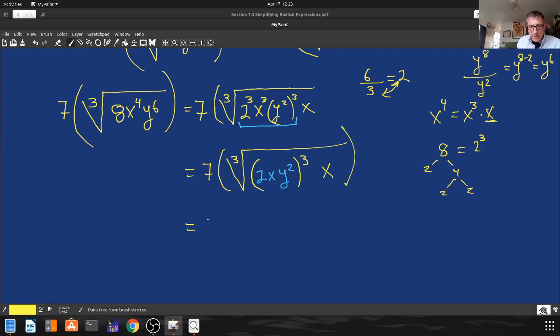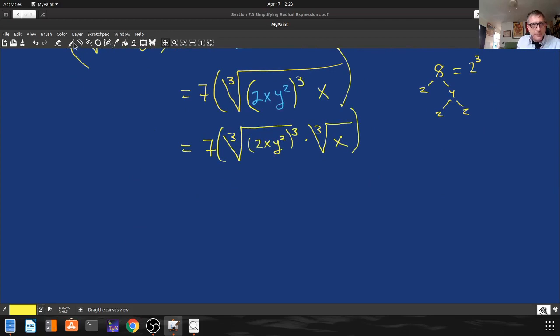So I'm almost there. So this is 7 times the cube root of 2xy squared cubed times the cube root of x. Really close now. One more step and we're there. So this is equal to 7, and the cube root of something raised to the 3rd power, and it's odd now, so our power is odd, so we don't have to worry about any absolute values.